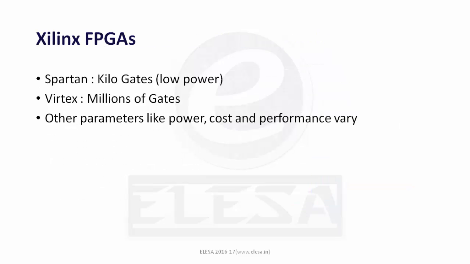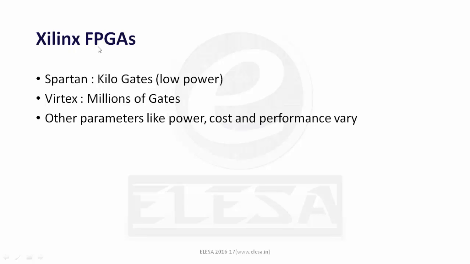So now we move forward. We are going to concentrate on the Xilinx FPGAs, because at the student level Xilinx offers many FPGA kits which are programmable and have many features. Along with Xilinx, you will come to know two words: the Spartan Xilinx kit and the Virtex Xilinx kit. There are many differences between these two versions.